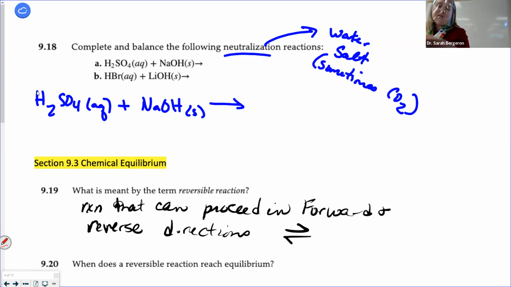Okay. So where's our water coming from? Let's do that first. So I have an OH here. What do I need from the other side? I need one hydrogen, right? So I'm going to take one hydrogen away from H2SO4, and I'm going to make HOH or H2O. What's the state of matter for water?